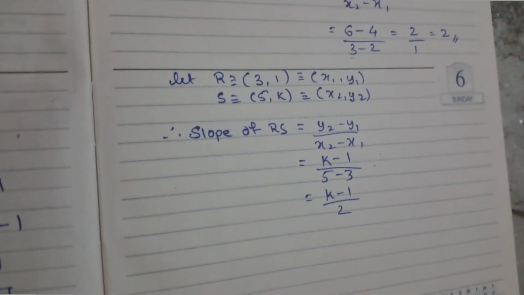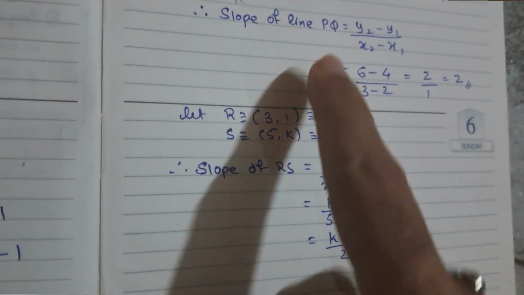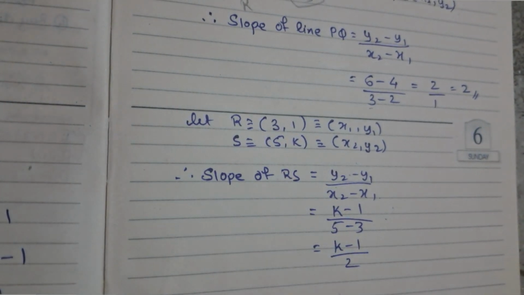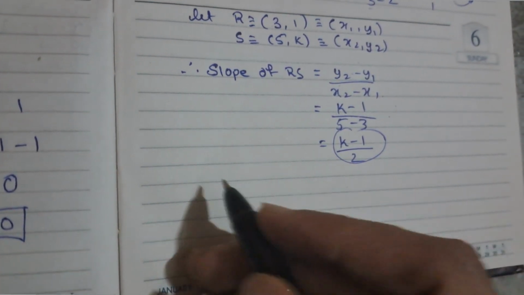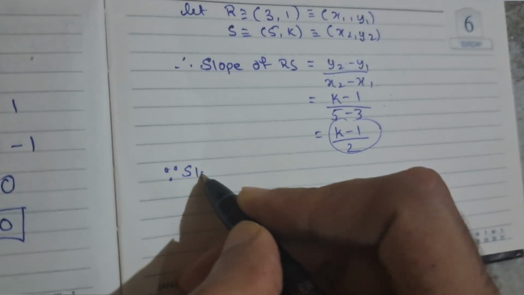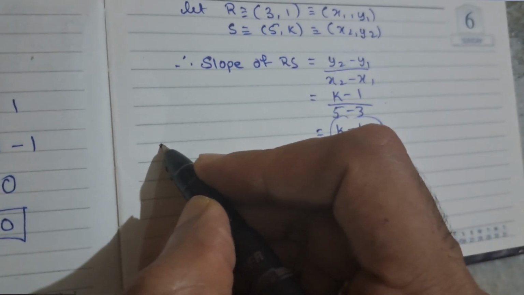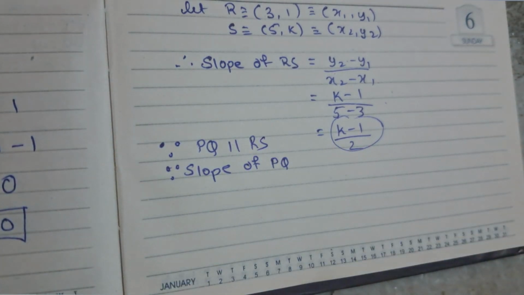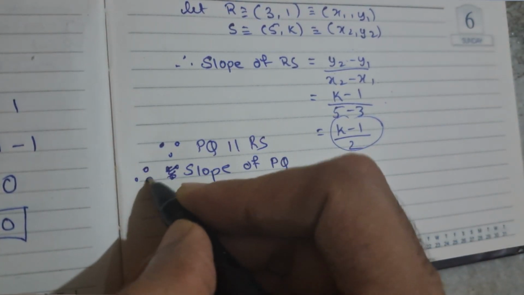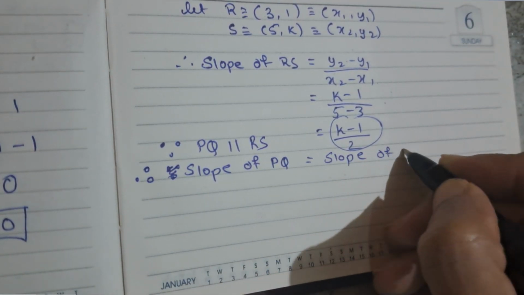But at the very beginning of this sum, it is already said that PQ is parallel to RS, right? That means these two slopes which I found right now, slope of PQ and slope of RS, both will be the same. So I will say, since PQ is parallel to RS, since they are parallel to each other, therefore I can say slope of PQ and slope of RS will be equal.